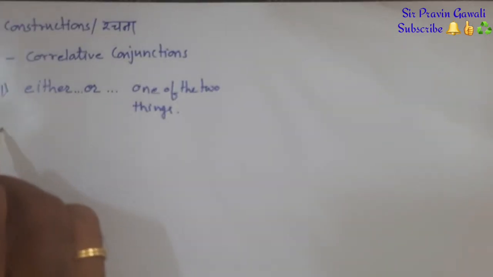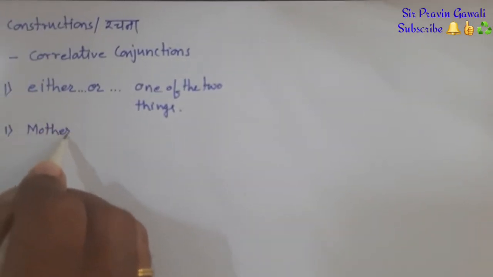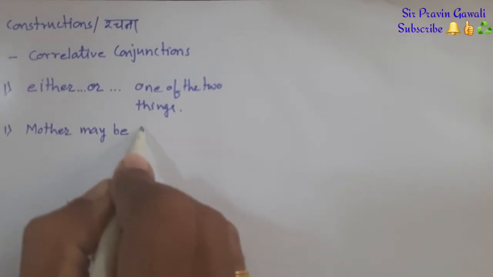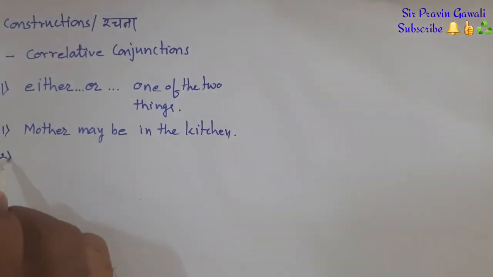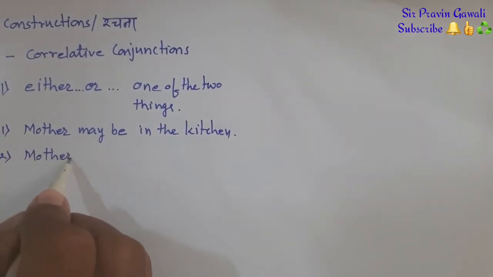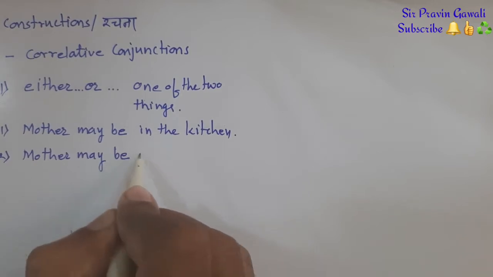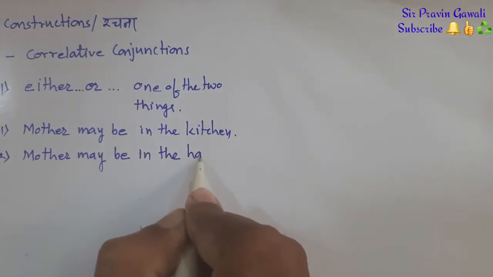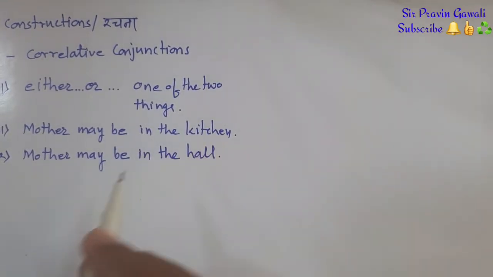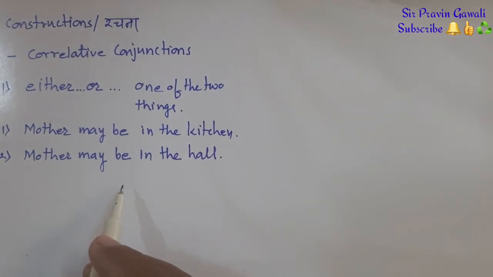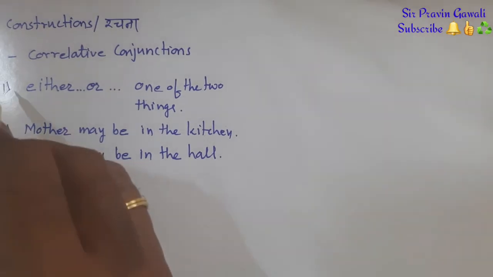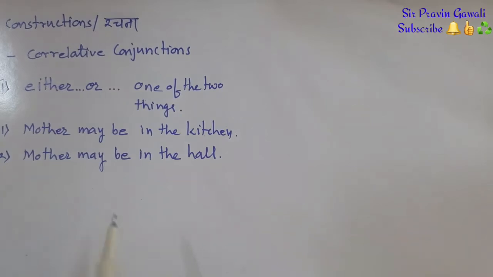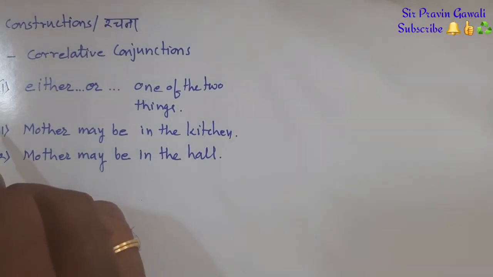The first example. Students, just now I have told you in constructions we connect two sentences together with the help of correlative conjunction. Here we are learning the use of either or. So here two sentences are there.